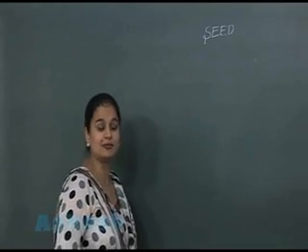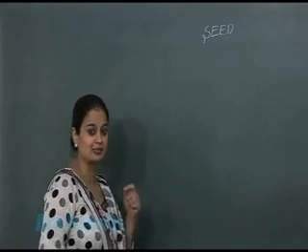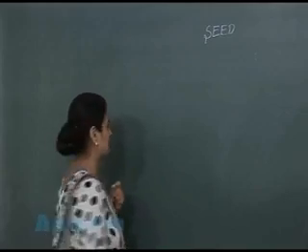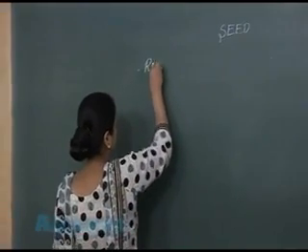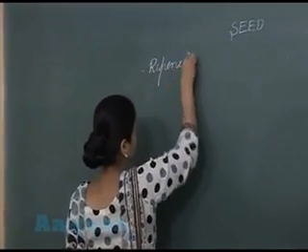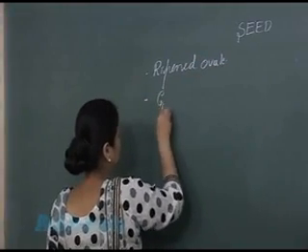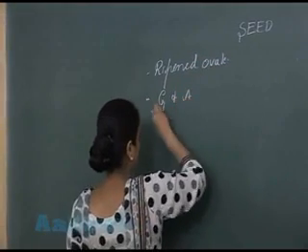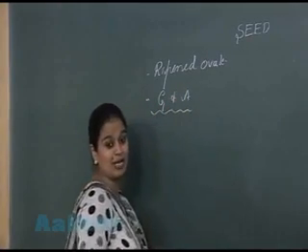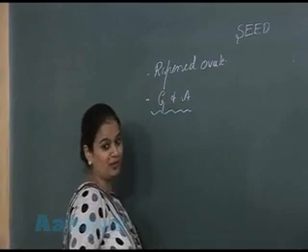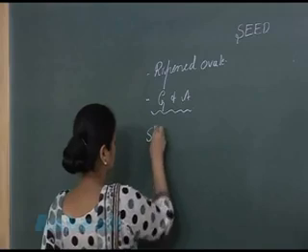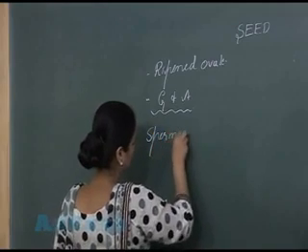It is formed in the two groups of plants, that is the gymnosperms and angiosperms. So it represents ripened ovule formed in gymnosperms and angiosperms. The gymnosperms and angiosperms, these two groups of plants together, are also known as spermatophytes.